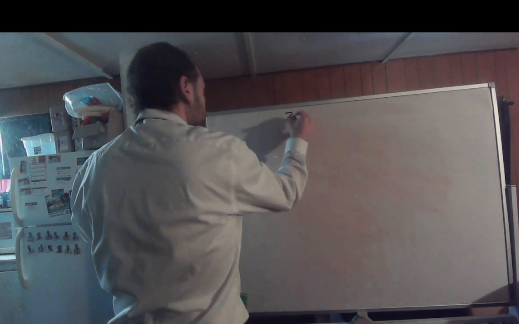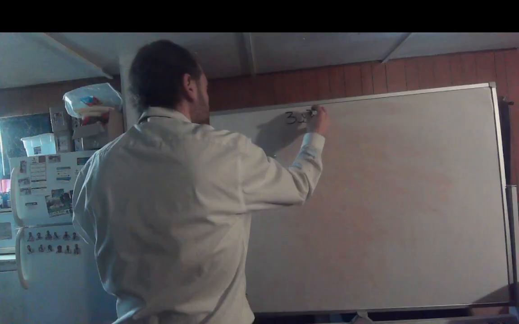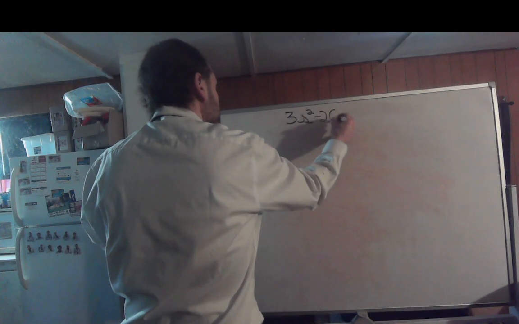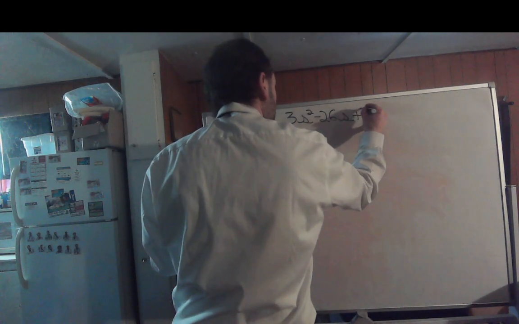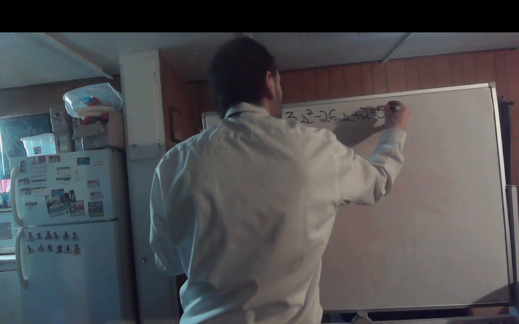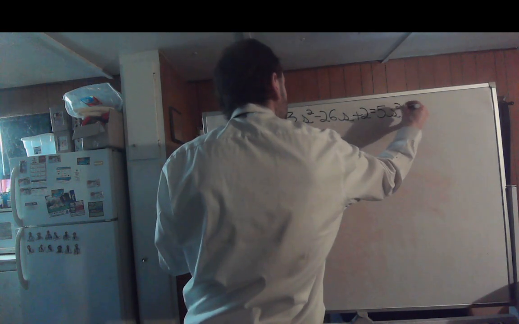Three more. So let's see, 3s squared minus 26s plus 2 equals 5s squared plus 1.